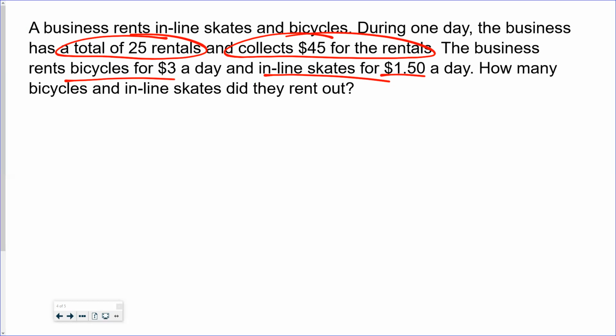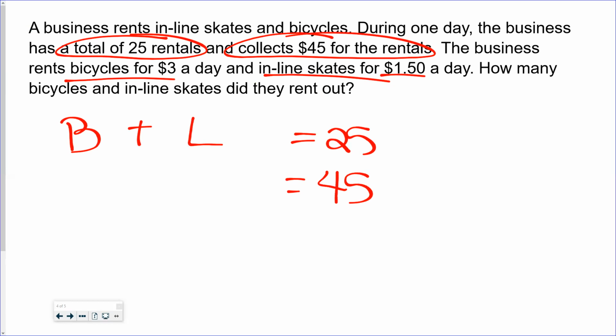So the total number of rentals was 25. So the number of bikes, which I'm going to make my B, plus the number of inline skates, I'm going to make this L, equals 25. On the other hand, the amount of money made was $45.